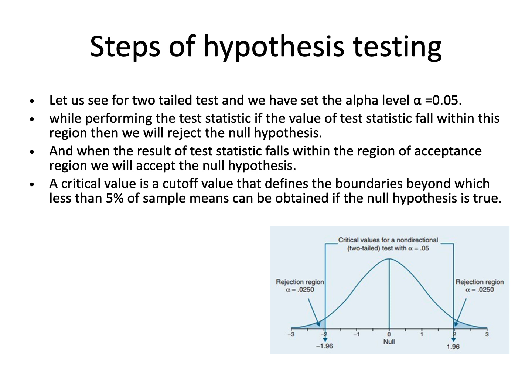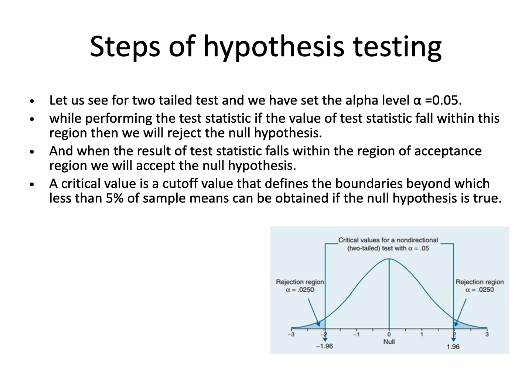This is the 0.475 area on the left and 0.475 area on the right of the mean, and in total it will be 0.95 area remaining around the mean. The area covered by alpha by 2 on both sides is called the rejection region.